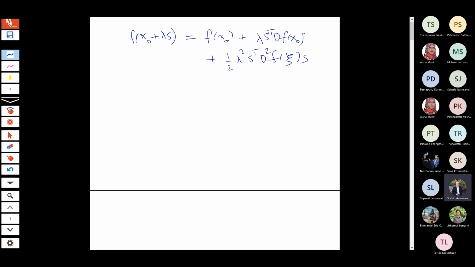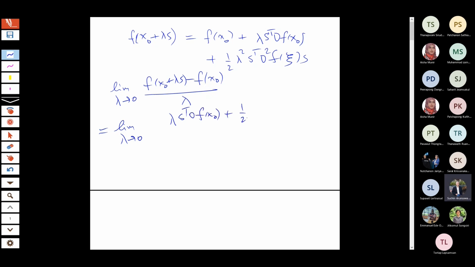Then the limit as lambda approaches 0 of f of x naught plus lambda s minus f of x naught, divided by lambda, is equal to the first term lambda s transpose the gradient plus 1 over 2 lambda squared s transpose the Hessian s, divided by lambda.